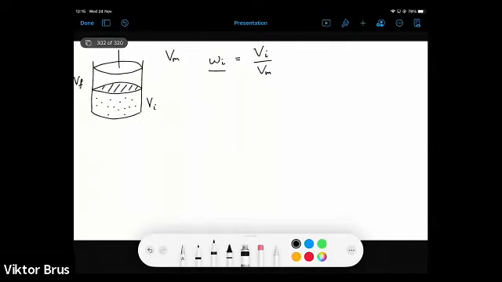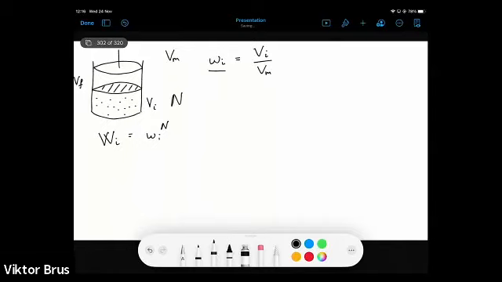With this trend, we can expand it to n molecules in the initial volume, and the total number of microstates to allocate these n molecules in the initial volume will be defined by capital W i, where i stands for initial. It will be omega i in the power of n.